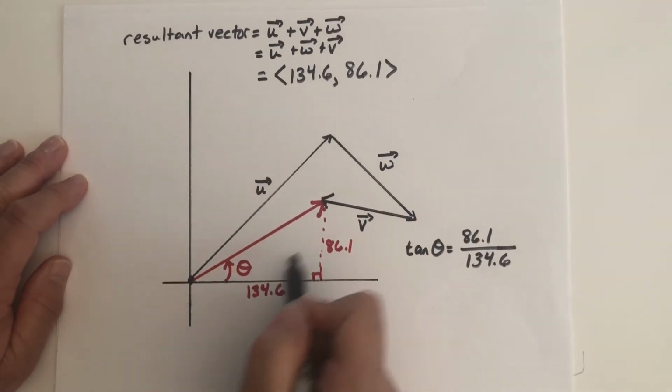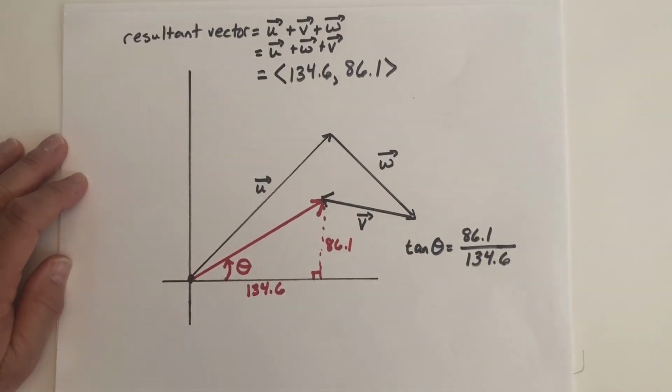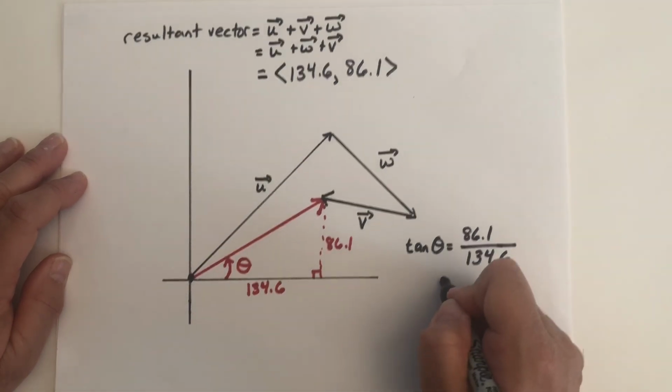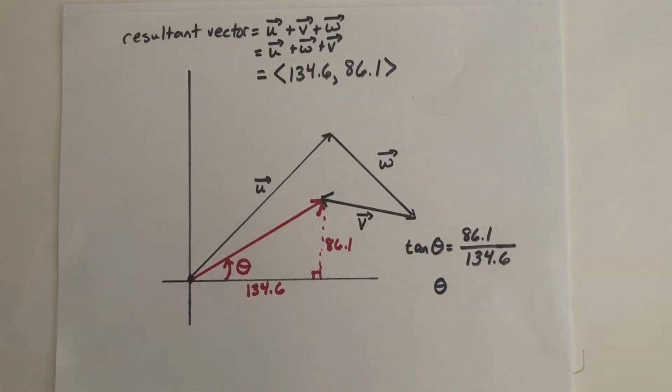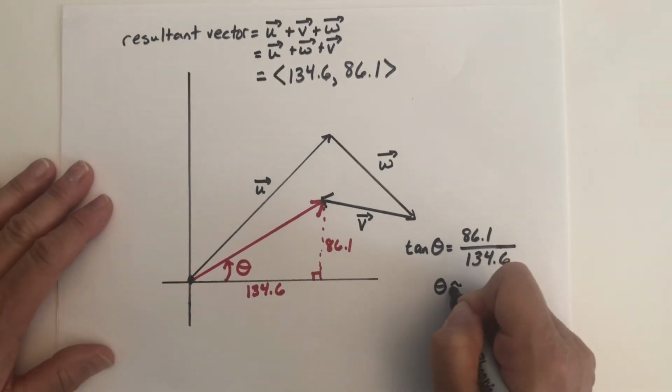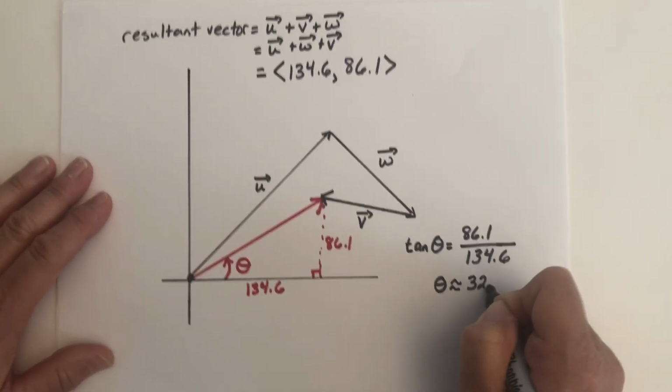That's here in the first quadrant. So if we do the inverse tangent, it will give us an angle. Let's punch that in. So we have inverse tangent of 86.1 divided by 134.6. And we get about 32.6 degrees.